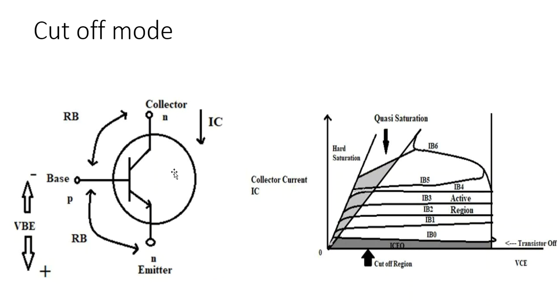Now, talking about the cutoff mode, the transistor does not work since its base emitter junction is reverse biased. Remember one thing: whatever voltage you give to the base collector region, even if it is forward biased, if the base emitter junction is reverse biased or did not cross the cut-in voltage, it will not conduct. So this is all about cutoff mode, where the transistor is off.